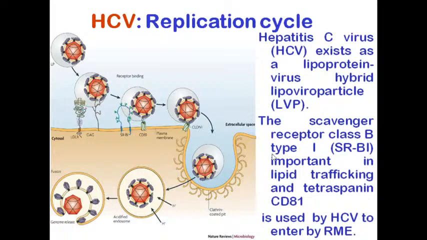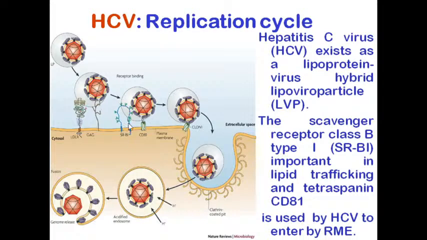It is very important in lipid trafficking, and that's why the low density lipids of this particle bind with this scavenger receptor. Then one more receptor is very important, CD81, here.